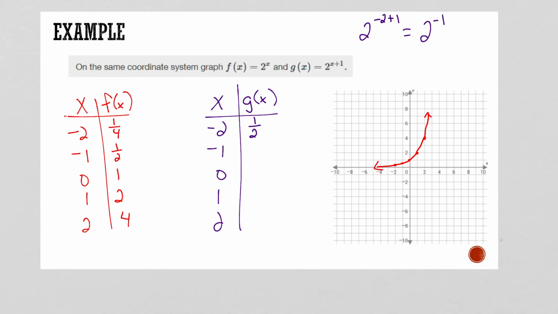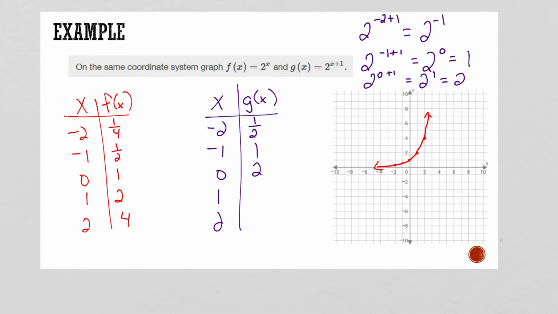Now let's do the same thing up here: 2 to the negative 1 plus 1, which is really 2 to the 0, which is 1. Now, 2 to the 0 power plus 1 is really 2 to the first power, which is 2.